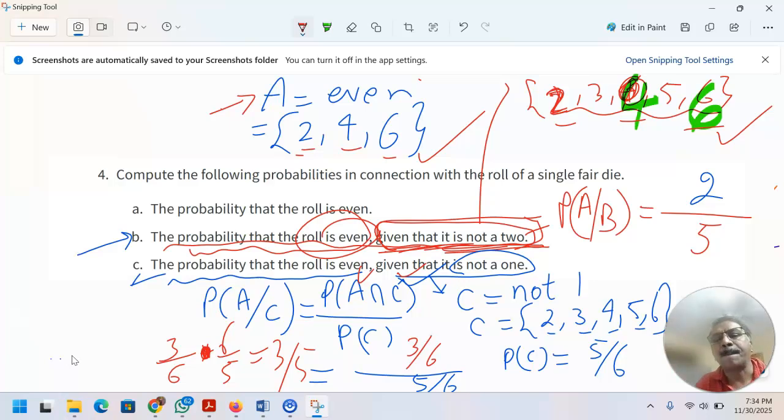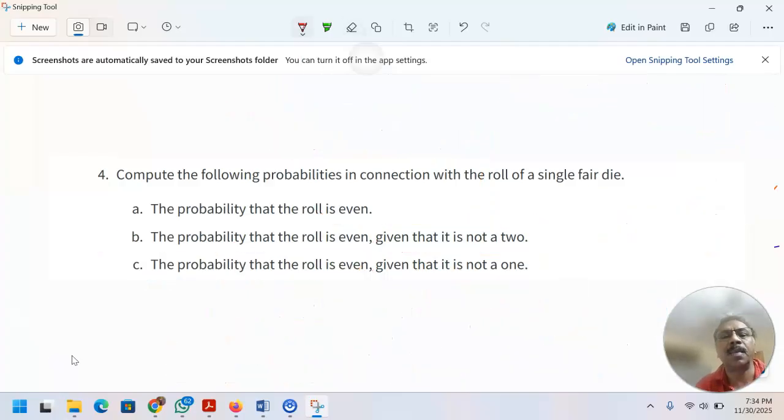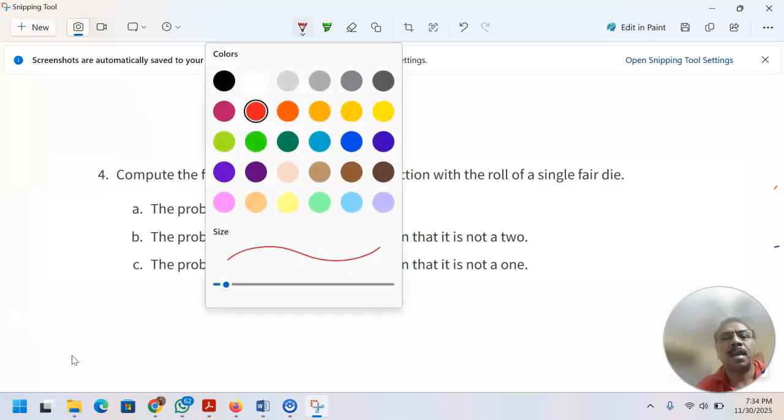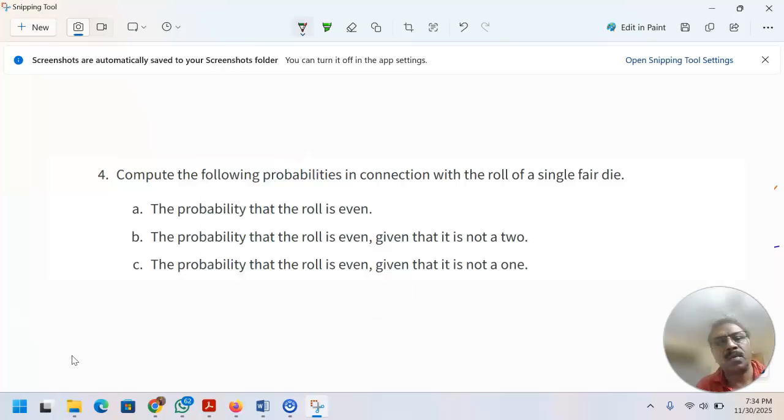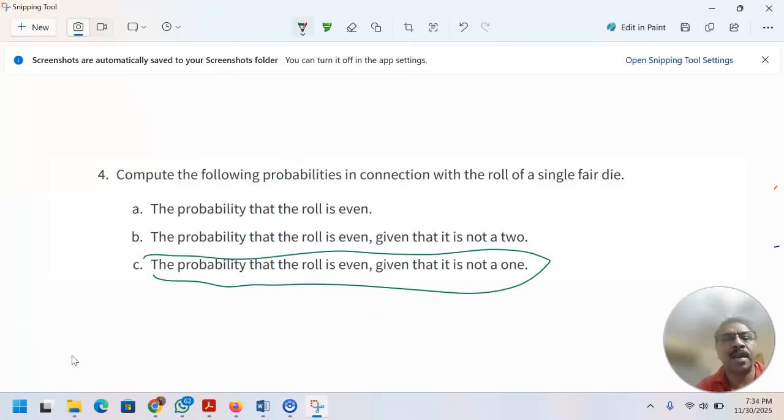So there are two different ways to do this. One is this one. We can also use it directly. Let me ask, can we use the reduced sample space for this? What does that reduced sample space mean? Given that it is not one, that means you already know it can be 2, 3, 4, 5, and 6.